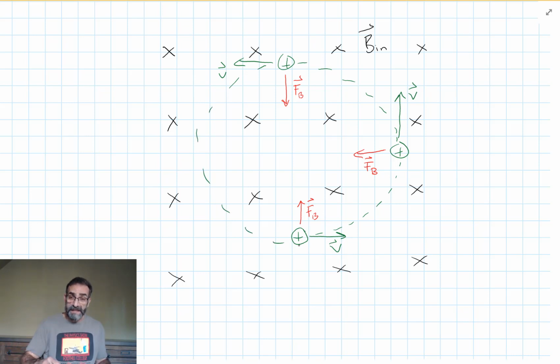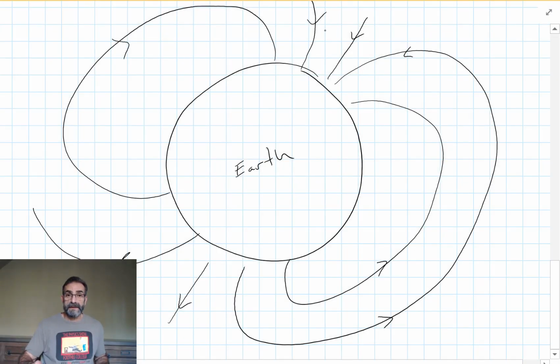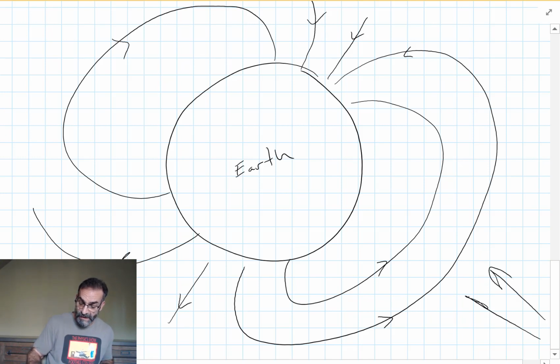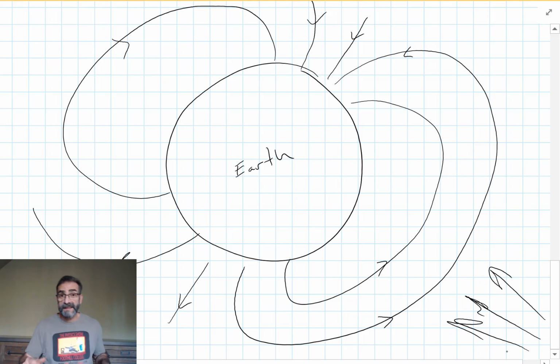Charged particles in magnetic fields tend to move in these circular paths. The charged particles have a really hard time crossing magnetic field lines because of this perpendicular force. In fact, that's what causes the northern and southern lights. Charged particles from the sun come toward the Earth.